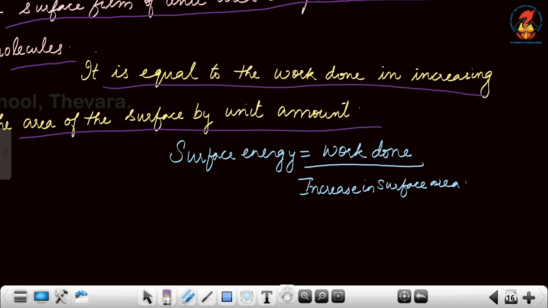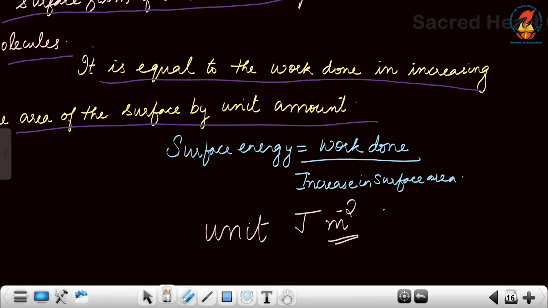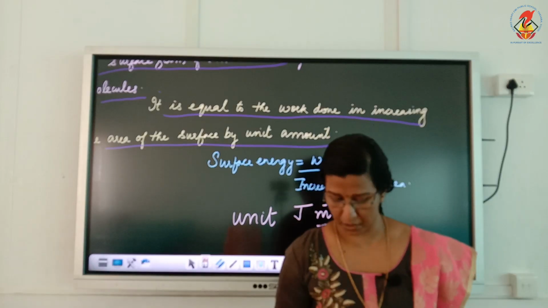So the unit is: surface energy, work done in joule, surface area in meter raised to -2. So the unit of surface energy is joule per meter squared, joule meter raised to -2.